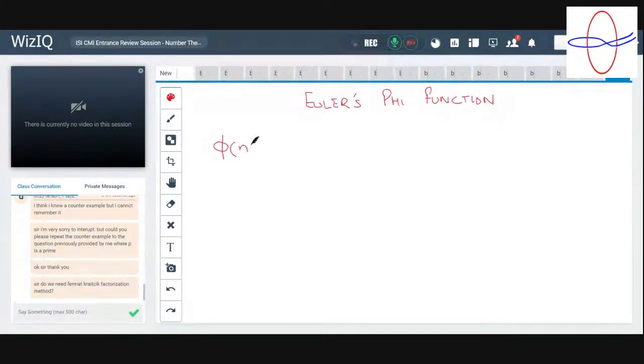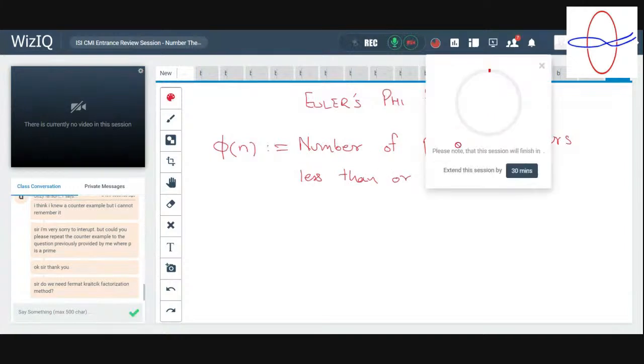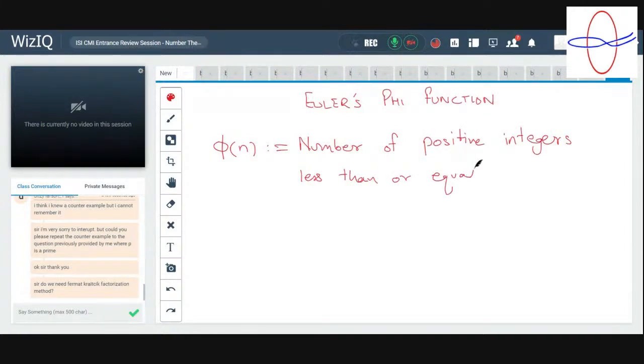So now phi of n is described to be the number of positive integers less than or equal to n, which are relatively prime to n itself.